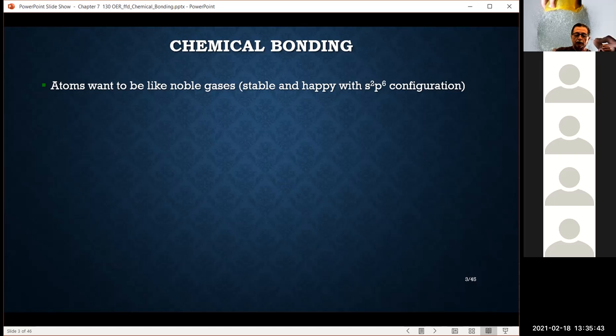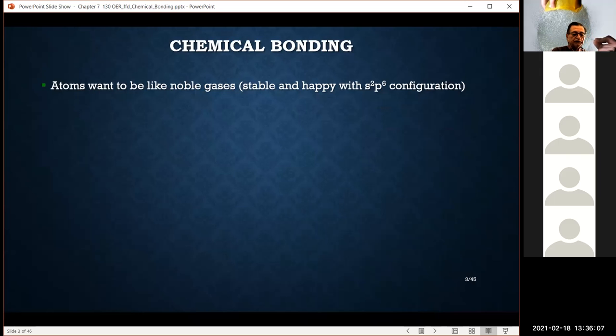Now, the driving force, as I mentioned, was obtaining the octet, getting 8 electrons around. The exceptions are helium, which has 2, and hydrogen. Hydrogen does not want 8 electrons around it. It just can't handle it. Hydrogen's rule is a duet, just like helium.